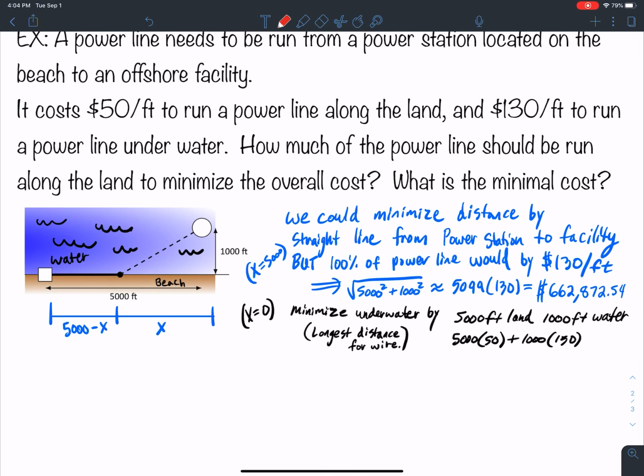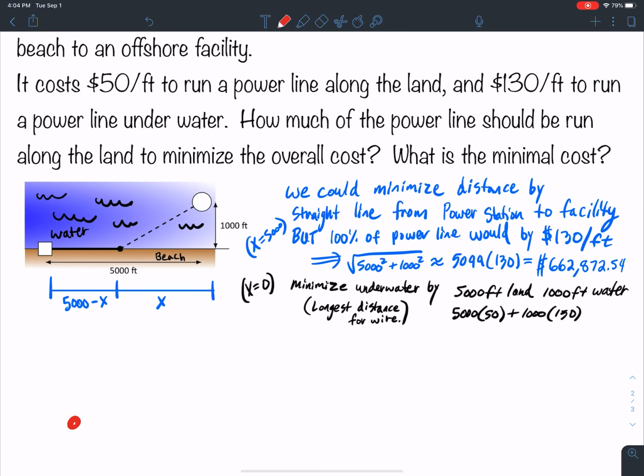Mind you, if I'm traveling this distance from the power source to the oil rig, that is the longest distance for the wire. It's the absolute longest distance for the wire.